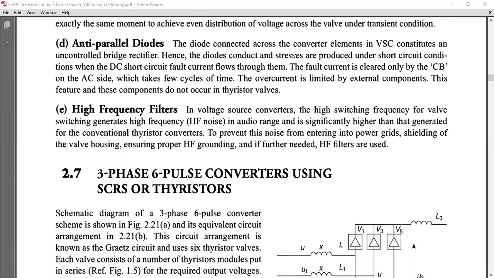If the diode is connected across the converter, it forms an uncontrolled bridge rectifier. If it is connected in anti-parallel, what happens? The short circuit fault can be cleared on the AC side after a few cycles of time.